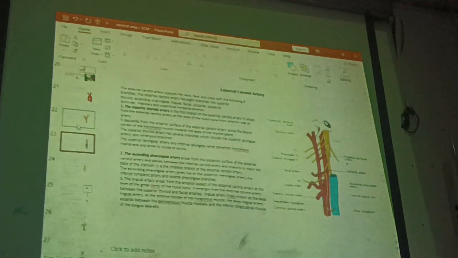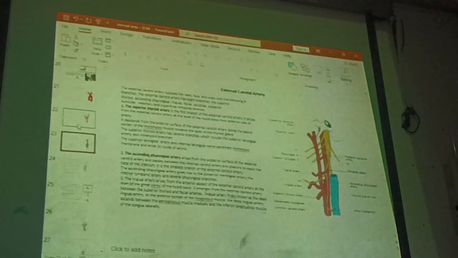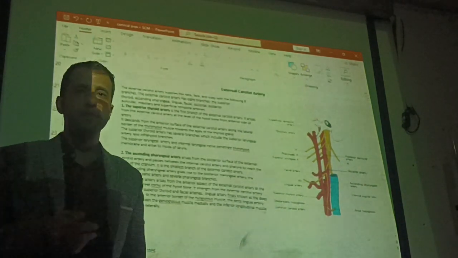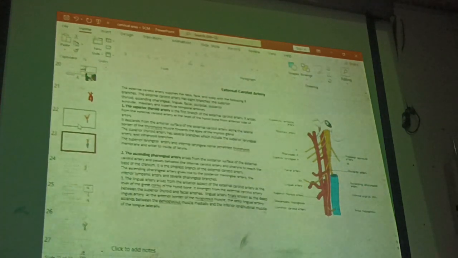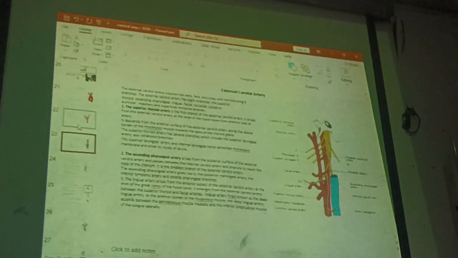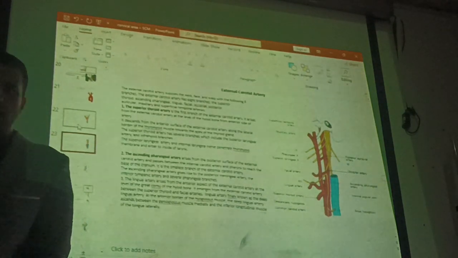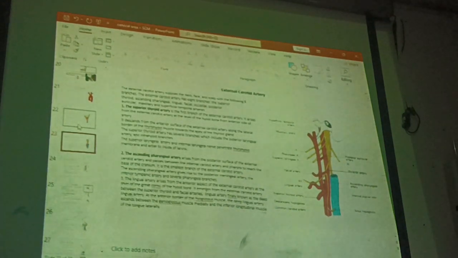An important branch of the posterior auricular artery is the stylomastoid artery. Do you remember the stylomastoid foramen? The stylomastoid artery enters the stylomastoid foramen and travels superiorly to arrive at the middle ear, which is located in the depths of the petrous part. So the stylomastoid artery supplies the structures in the middle ear.